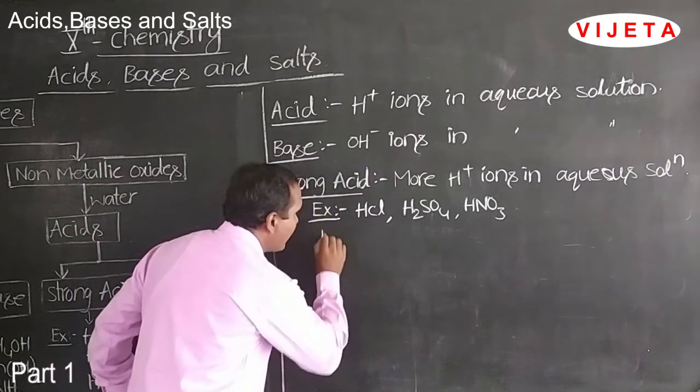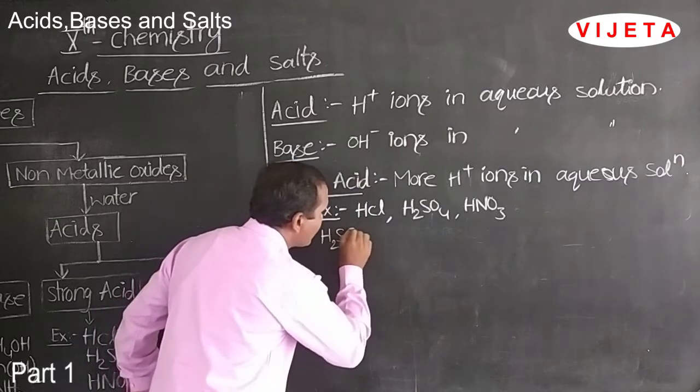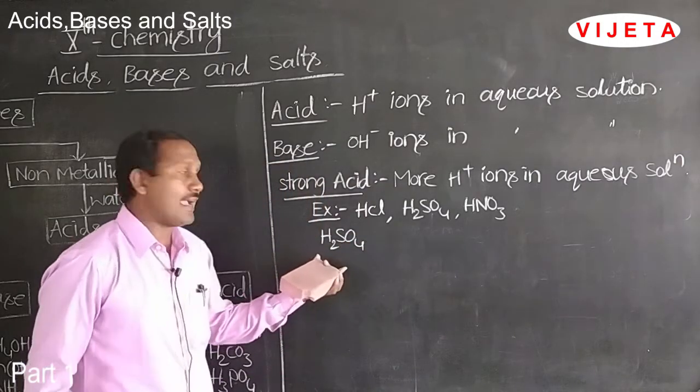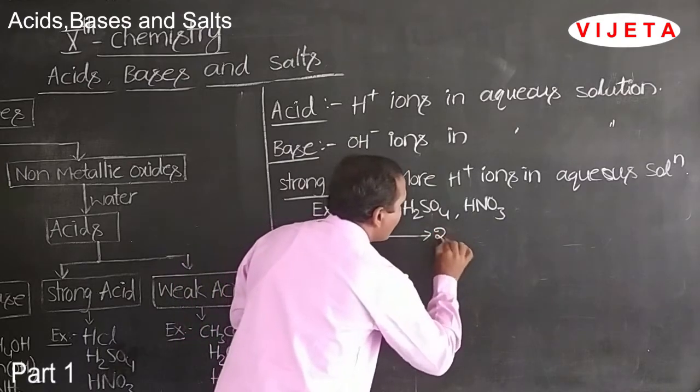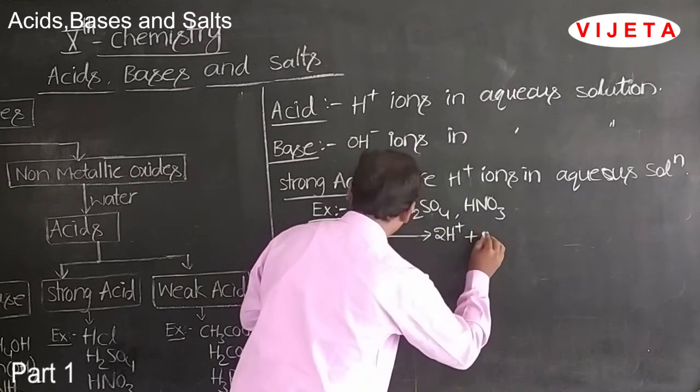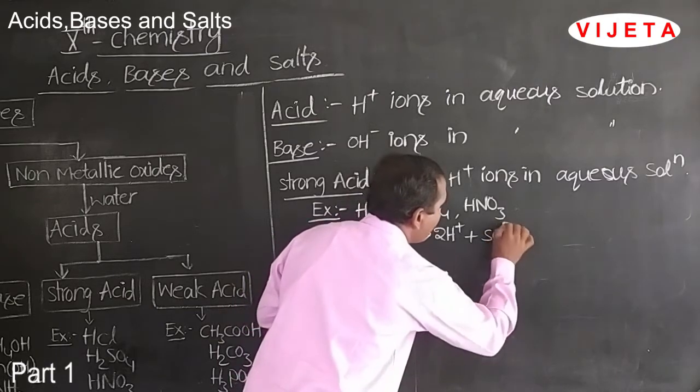Suppose we take H2SO4, sulfuric acid. In aqueous solution it ionizes into 2H+ and SO4 2-.